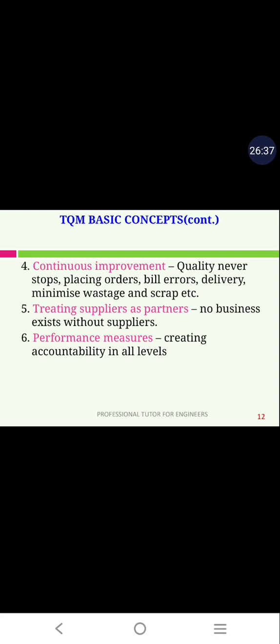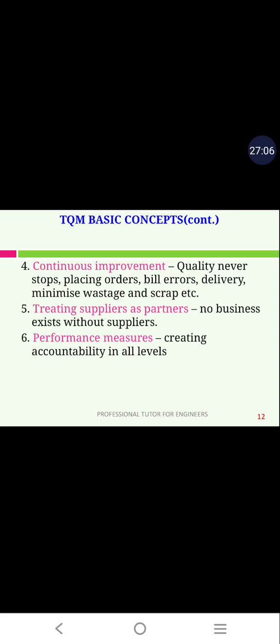So suppliers have to be treated as partners, because a few components you are getting from outside. To give one more example, nuts and bolts. These they will get from a subcontractor or a supplier. That supplier has to give a good quality product, because it has some impact on the main product which the company is manufacturing.